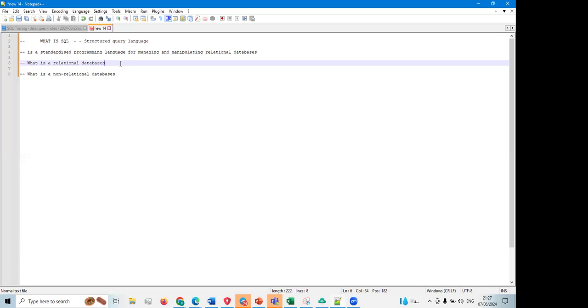Relational database is basically when some sets of the data are related in a way. All right. So if I have pictures of somebody, the same pictures, they will be related, right?